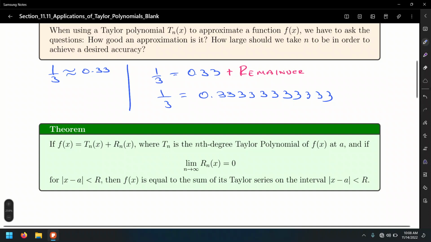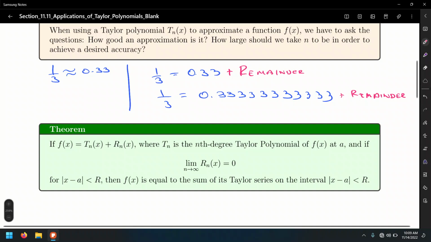That is, it repeats on and on infinitely many decimals. So we are still working with an approximation plus some remainder. Together, the approximation plus the remainder add up to the actual value.